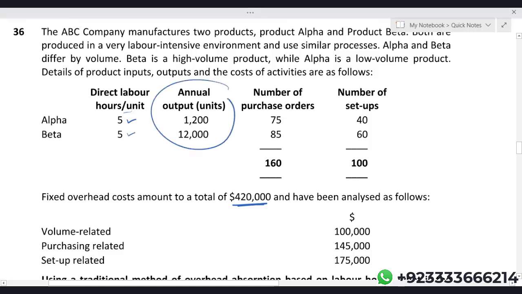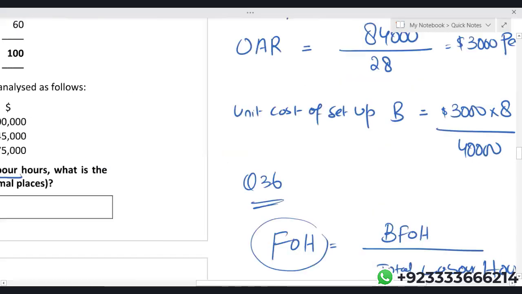Annual activity: 1,200 into 5 will give us total labor hours for alpha, and 12,000 multiplied by 5 will give us total labor hours for beta. Let me use the calculator. 1,200 multiplied by 5 plus 12,000 multiplied by 5. I'm getting 66,000 hours. So the total direct labor hours we have is 66,000.